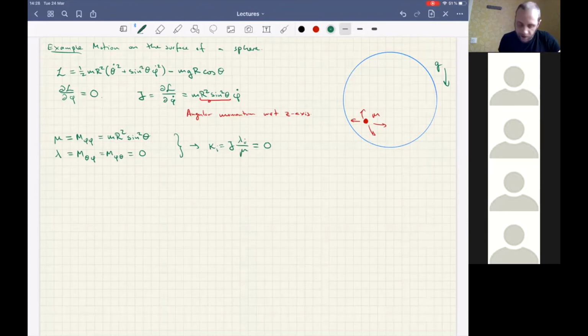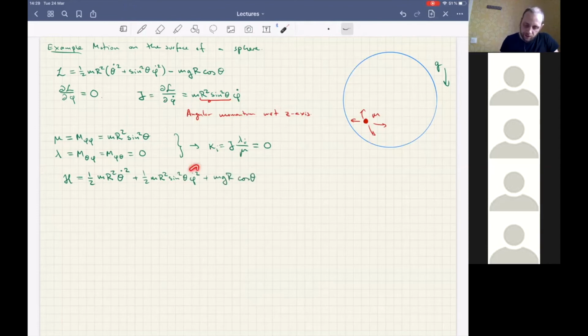So the effective Hamiltonian in this case takes the following form: 1/2 m r squared theta dot squared plus 1/2 m r squared sine squared theta phi dot squared plus m g r cosine theta.